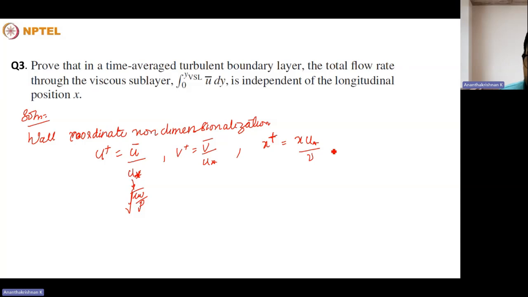That is a kinematic viscosity term. Similarly, in the y direction, y plus could be written as y into u star, the shear velocity, divided by nu. These are the wall coordinate non-dimensional terms.